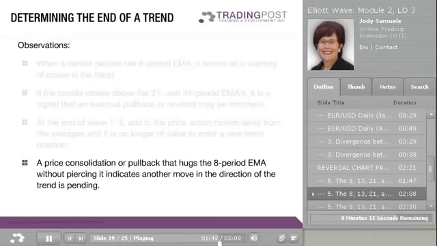As long as they continue, the current impulsive wave is not complete, even though it may seem extended at a certain stage. These hugs or resting points are important factors in determining a trend's strength. They are necessary halts in a trend which add to the trend's momentum.